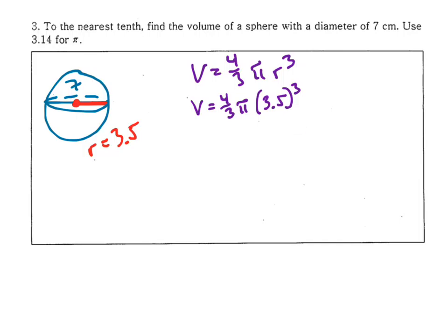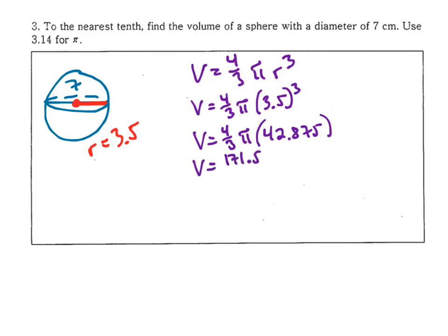I've got to cube first. Do the math on a separate sheet of paper. I get volume equals 4/3 pi times 42.875. Now, if I want to just divide by 3 first, that's not going to save me any work. This doesn't evenly divide by 3, so I'm going to have to multiply first.